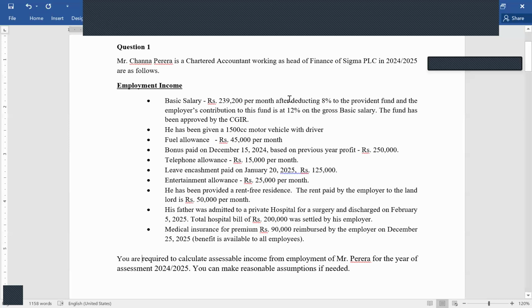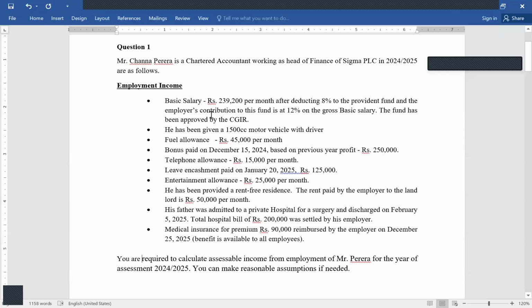So you have been given the figure after deducting 8% to the provident fund, and the employer's contribution to this fund is 12% on the gross basic salary. The fund has been approved by the CGIR. I have given you a lot of details. This basic salary is after deducting 8% to the provident fund.